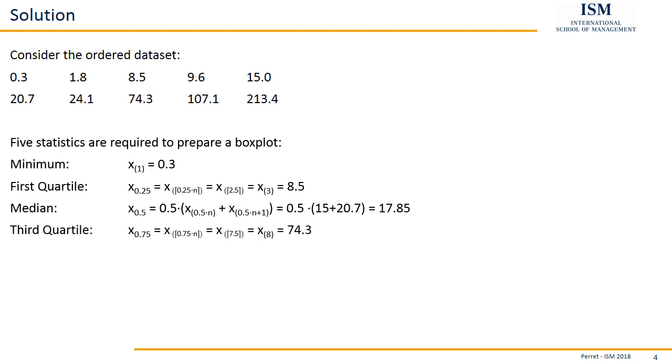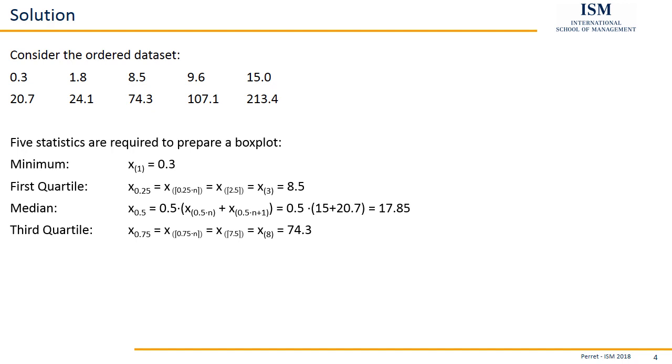So the next up is the third quartile. Here we basically did the same as with the first quartile. We interpret this as a percentile and thus multiply 0.75 with 10, the number of observations. We get 7.5, and we round this up to the next integer, which is 8.